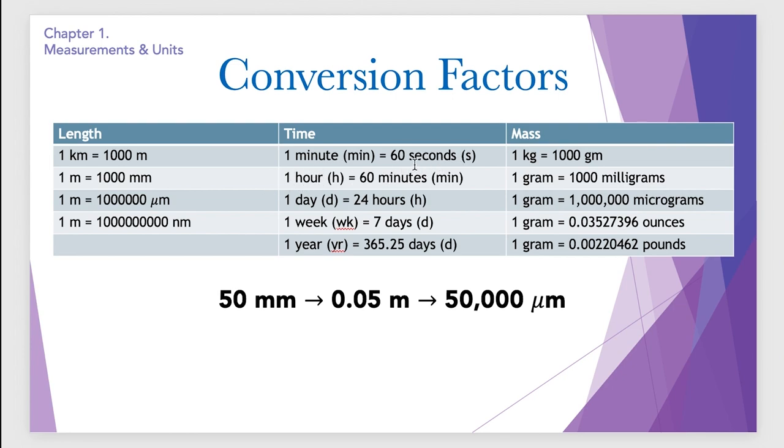There are no 2 steps. In the same way for mass, for example, I'm converting kilograms into milligrams. For that, I would first have to convert the kilograms into grams. This is kind of confusing because the base unit of mass is not grams, it is kilograms. But in conversion, we take gram as the base unit of mass.